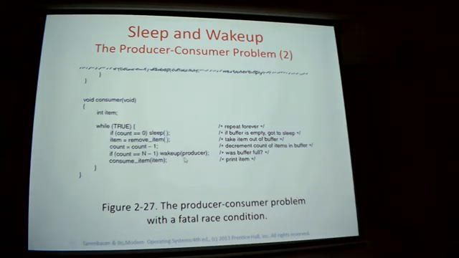Wake up means that the producer generates items. And then we just call the consume item function. This function means that we can use the item for other utilization, for example, create the item.